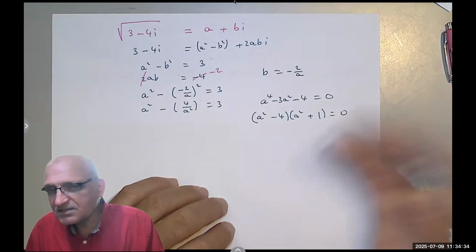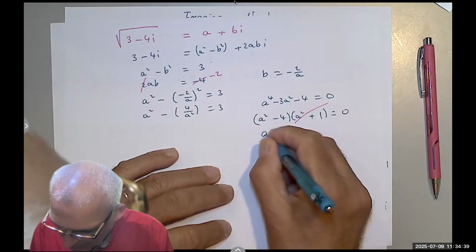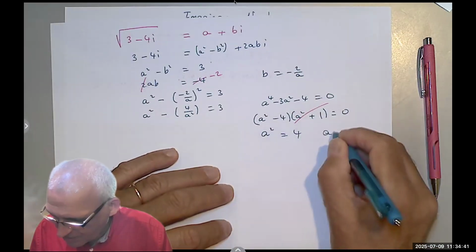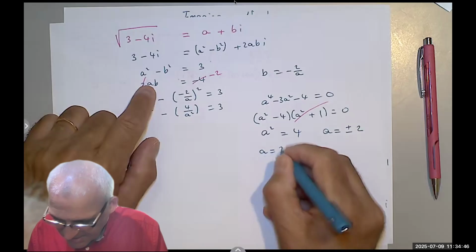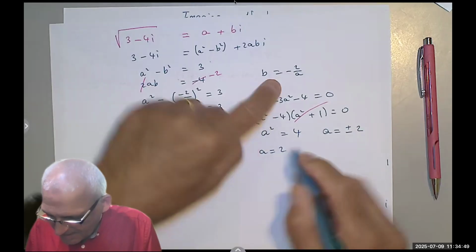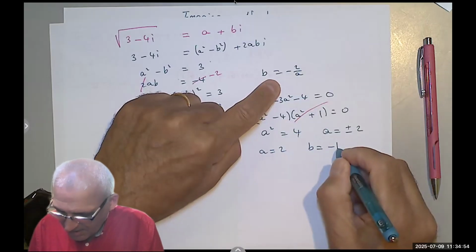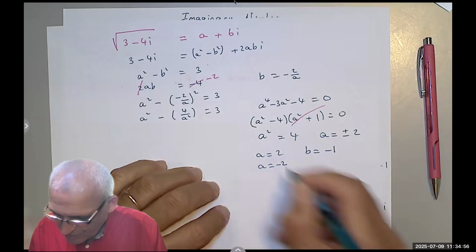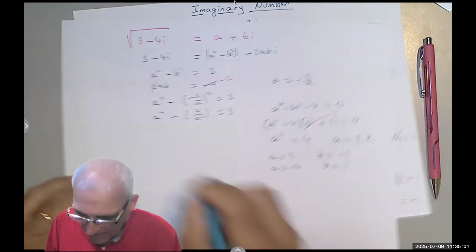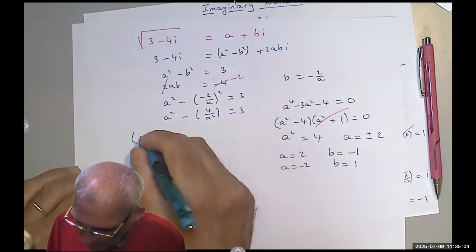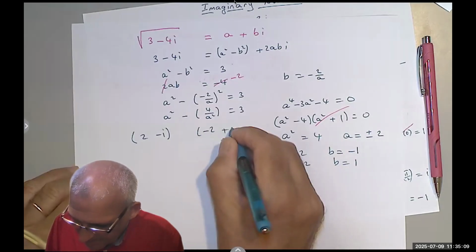So a is plus or minus i. I'm not going to deal with that. I'm going to say a squared equals 4. So a equals plus or minus 2. If a equals positive 2, then b equals negative 2 over 2, which is negative 1. If a equals negative 2, then b equals 1. So I have two answers. One of them is 2 minus i, and one of them is negative 2 plus i.